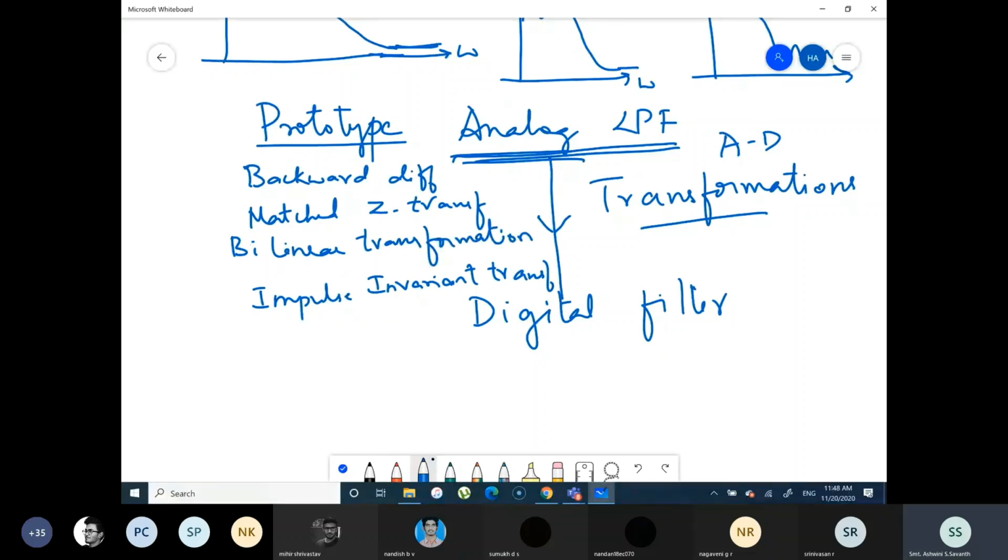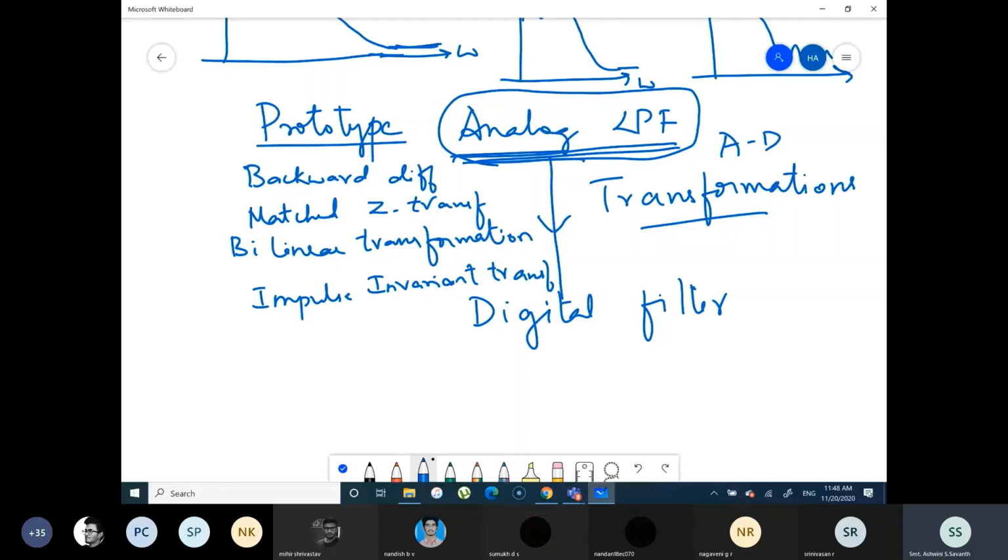Okay, so in an IIR filter design, we always design an analog low pass filter first. Whatever the filter given to you, whether they give you a high pass or whatever filter specifications, first the analog low pass filter is designed. So this acts like a prototype.